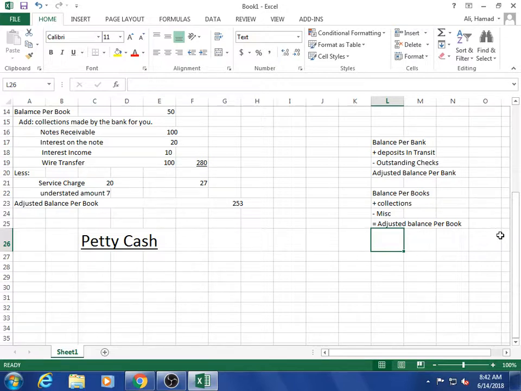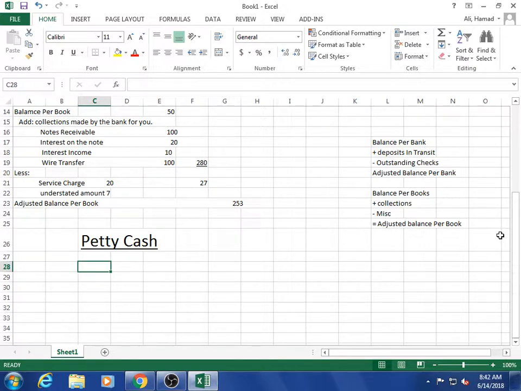Now we come back to our petty cash. So look at exhibit 3, and make sure you look at the notes below it and see how they are plotted on the exhibit.